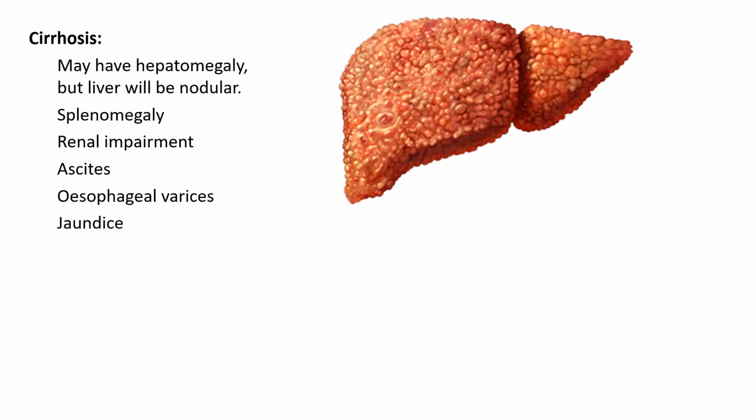Because of back pressure from hepatic portal hypertension, it will have an impact on other areas of the abdomen, other organs. So there may be splenomegaly, there may be renal impairment, and there may be ascites. There may be esophageal varices, and we'll talk about the collaterals that cause these. There may be jaundice.